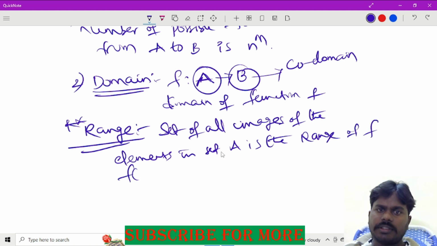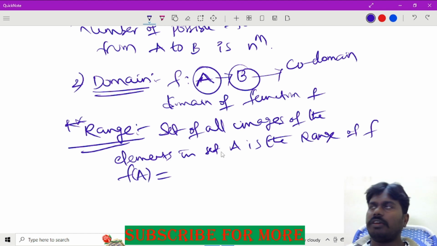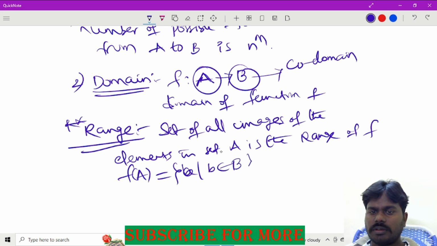For this function, the range is denoted by f(A), which equals the elements b such that b belongs to capital B.